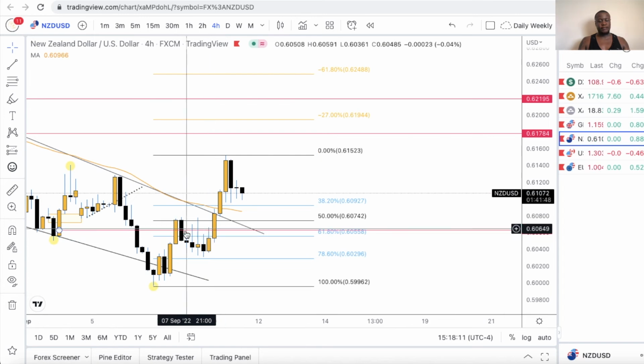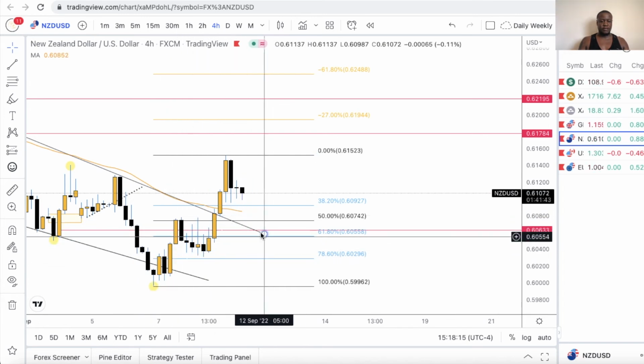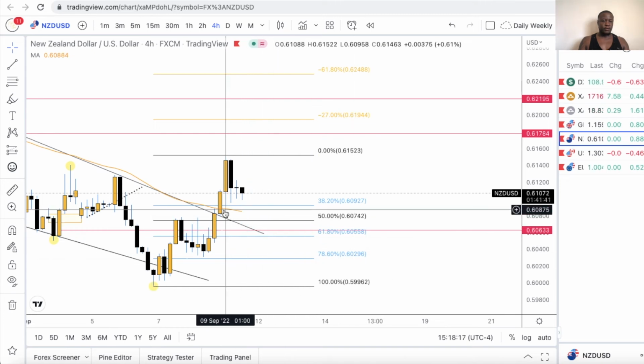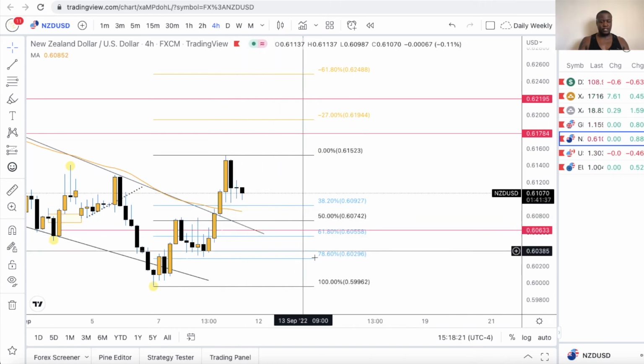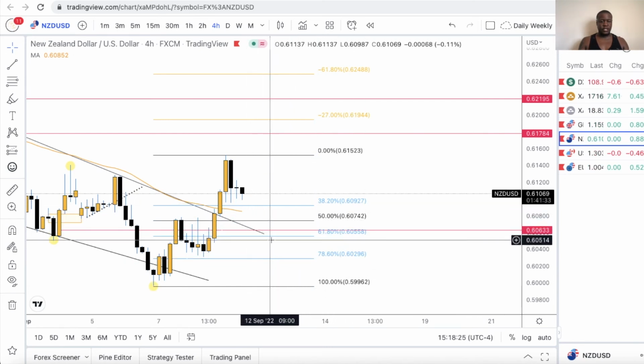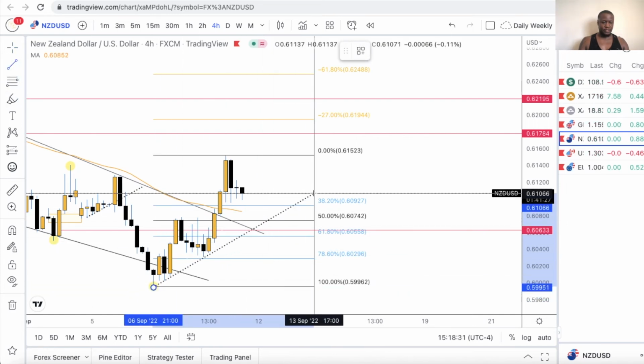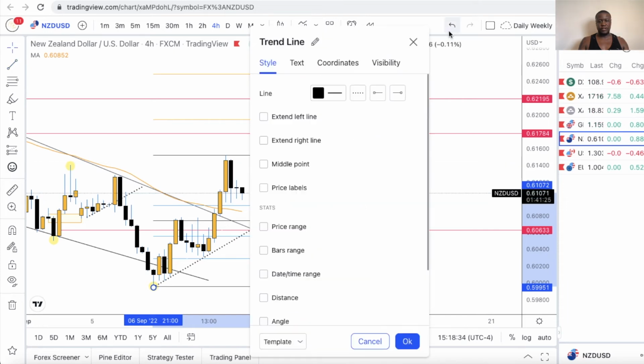We do have resistance right here, so that could be a reason for it to reject these two levels. We also have the trend line, and we also have the MA. So I'm either looking at the 50 or the 61.8 retracement level, and also we could possibly have this trend line going as well.